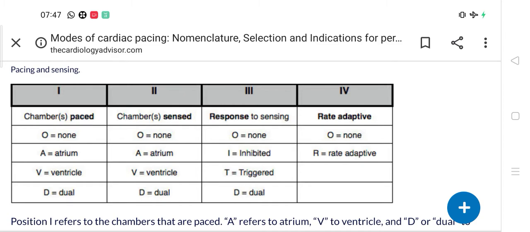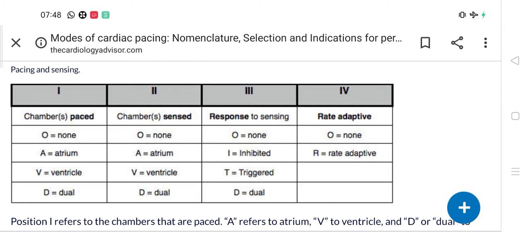That is called AAI. In a similar manner, in VVI the ventricle is sensed, you are sensing a normal ventricular depolarization, and it will inhibit the pacing of the ventricle. The generator is getting inhibited, not the ventricle. So whatever the I is, it is for the generator.